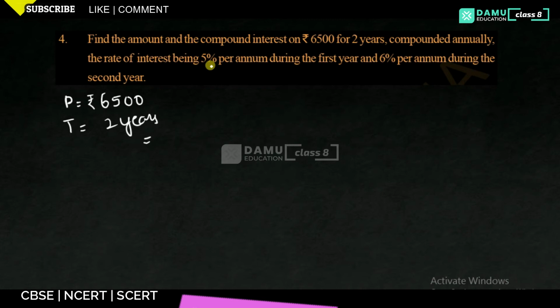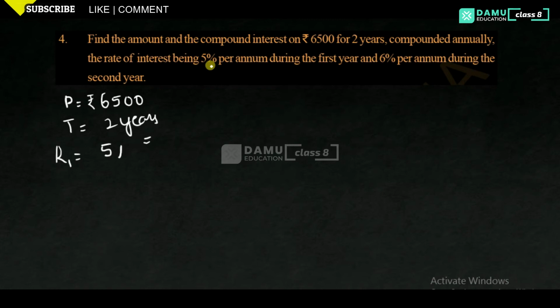So first, for the first year, the rate of interest R1 will be equal to 5%. So let's take what the amount is here. The amount will be equal to principal plus simple interest. So we have to find the amount. Let's take for the first year amount A1, with P1 and simple interest.